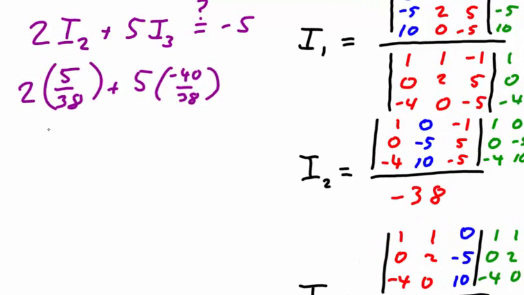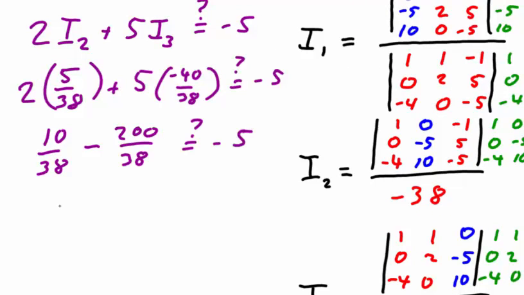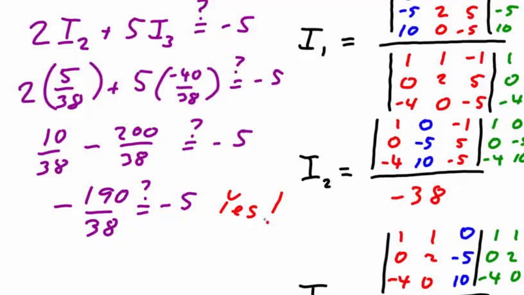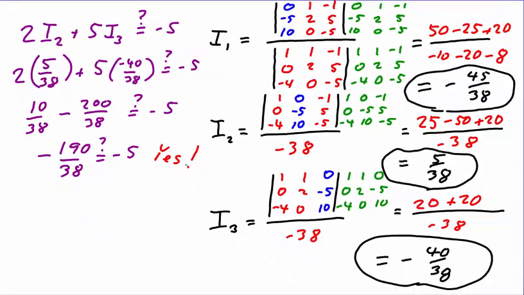Twice 5 over 38 is 10 over 38, and 5 times negative 40 is negative 200. Combining these terms gives us negative 190 over 38, which indeed does equal negative 5, demonstrating that we have solved our Kirchoff problem correctly.